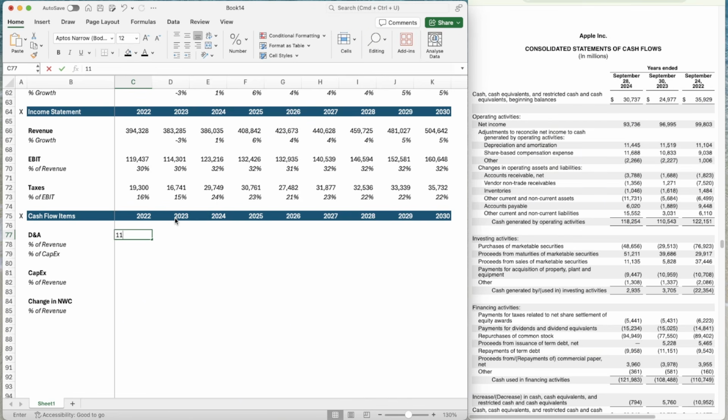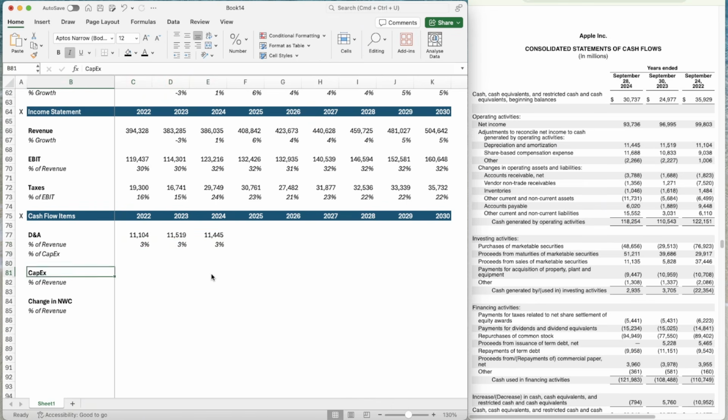So, let's start filling them in. 11,104, 11,519, 11,445. See what this is as a percentage. It's very tiny. Actually, no, 3% is quite a bit.